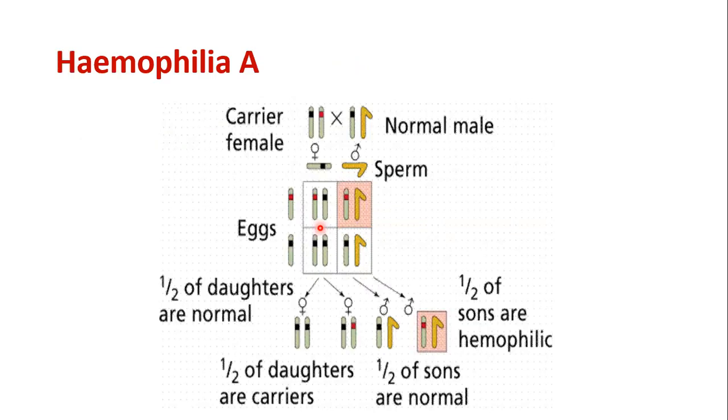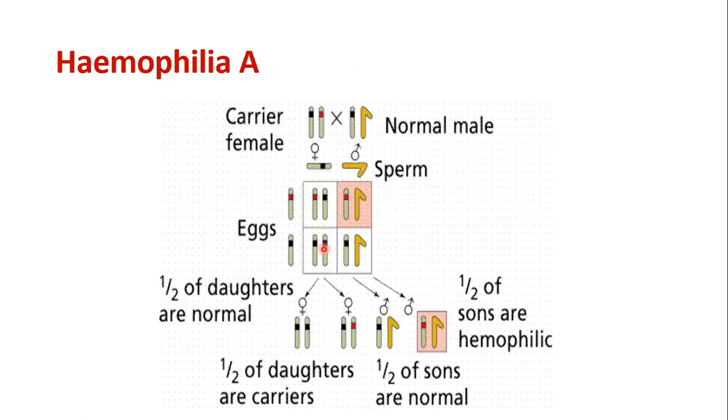So this is an X-linked recessive disorder. Usually what you see in clinical practice, most of the time, males are the sufferers and females are the carriers. Other outcomes are possible. For example, if a mother is a carrier and the father is a hemophilic person, then a girl child can have the disease.